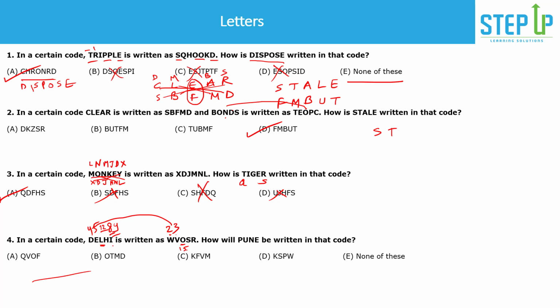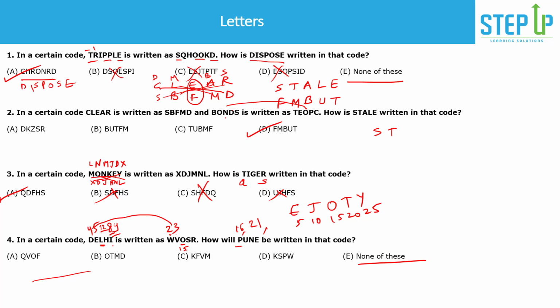Now we can put the same thing here. So now what is the place value of P? P. That means this is 16, right? U would be how much? P Q R S T U. U is 21, right? That means you will just replace it, because there is none of these, we will have to calculate all 4. If none of these was not there, we could have simply marked the option here only, right? N is how much?